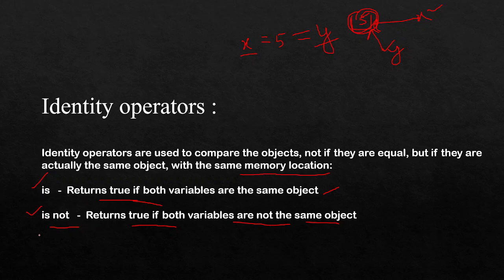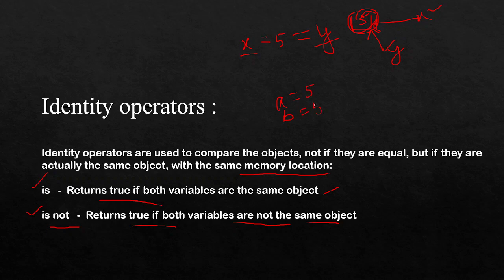Or if I use the is not operator, then it will return true if the objects, suppose a and b, two objects I have taken, are not the same object. Suppose a equals 5 and b equals 5.